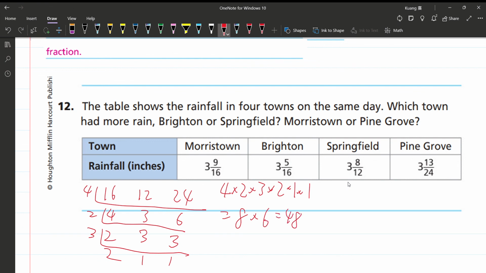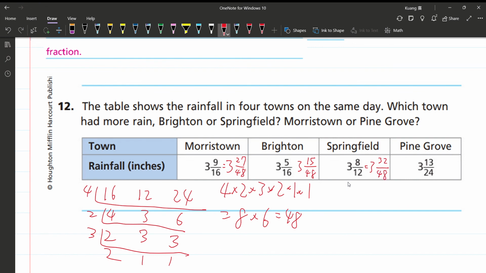Not too big, 48. So there will be 3 and 48 times 3 over 3, 27 over 48. Again, 3 over 3, 15 over 48. Times 4 over 4. 4 times 8 equals 32.